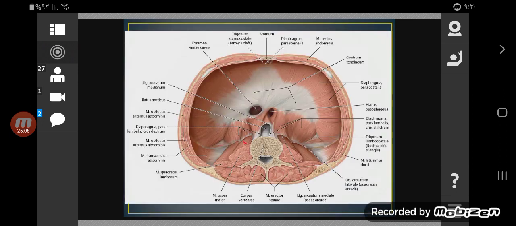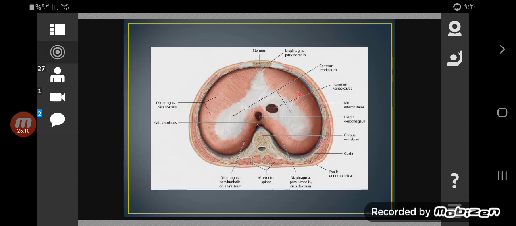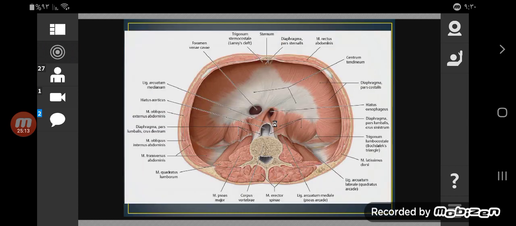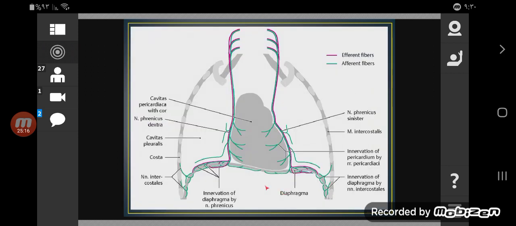The superior surface of the diaphragm, you can see. The diaphragm is innervated mainly by the phrenic nerve, which arises from cervical segments 3 to 5. The phrenic nerve provides efferent fibers and afferent fibers for the central part of the diaphragm.